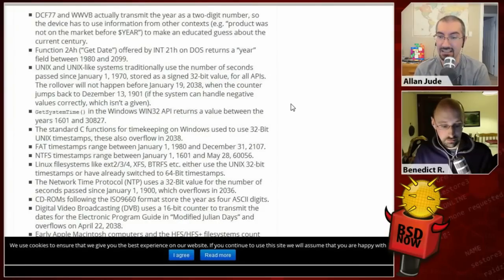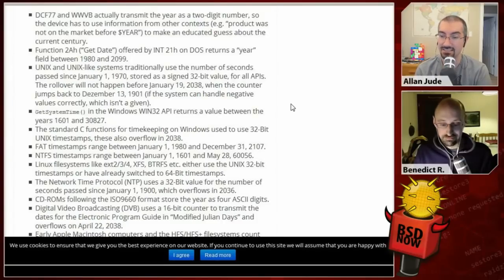DCF77 and WWVB actually transmit the year as a 2-digit number, so the devices had to use information from other contexts, like the product was not on the market before this year, to make an educated guess about what the current century is. The function 2A, get date, offered by the INT 21 BIOS instruction for DOS returns a year field between 1980 and 2099. So that would still work up until 2099.